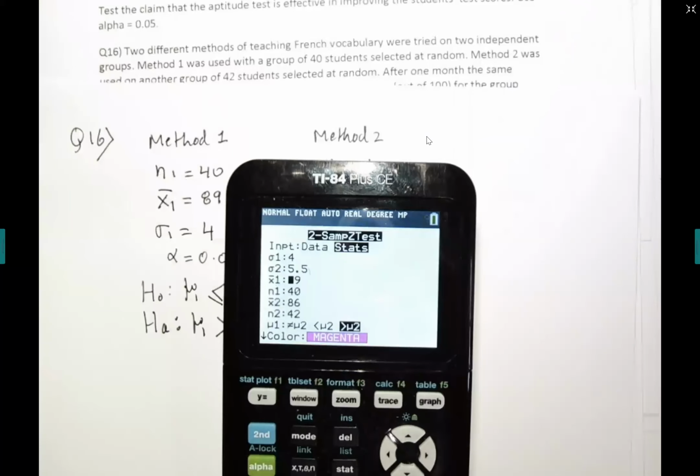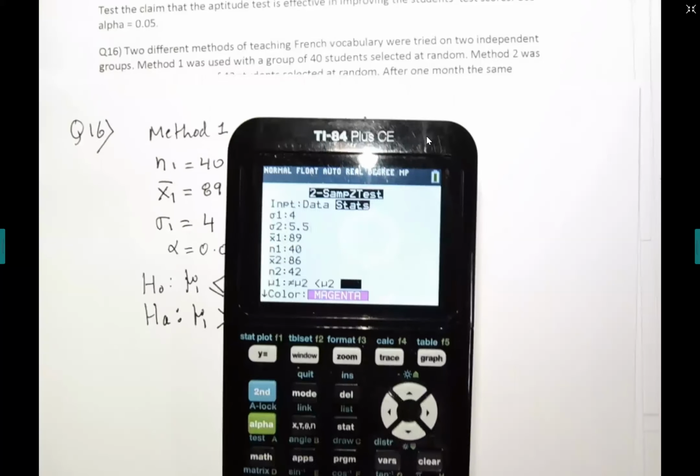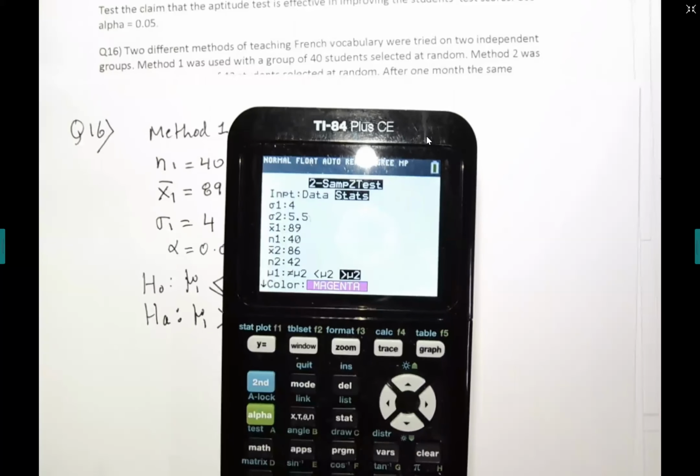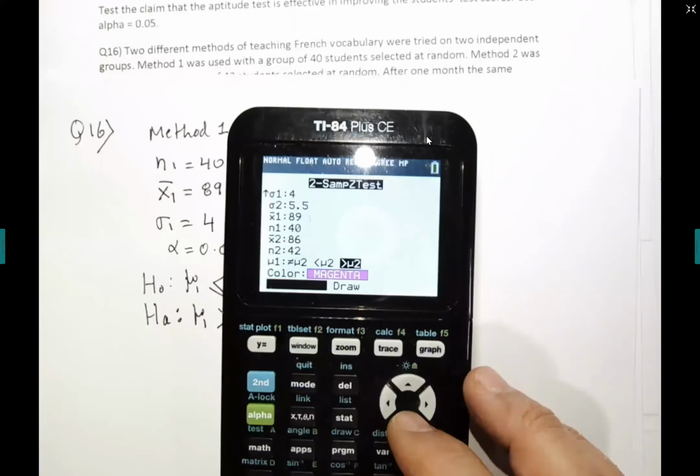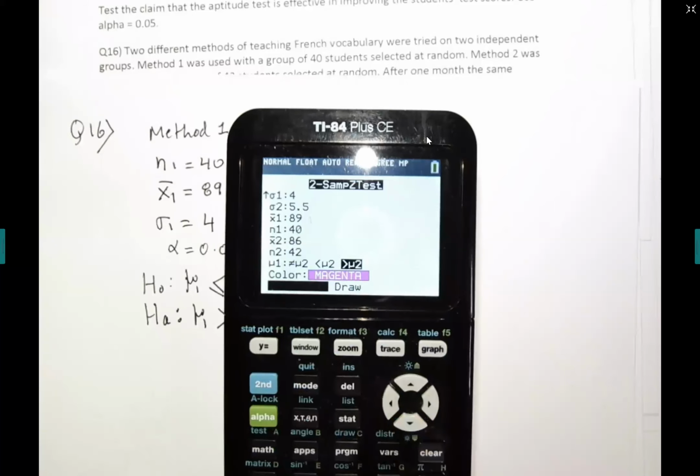X1 bar is 89. That's recorded. N1, X2, 42. And we need to check that mu1 is bigger than mu2. Now we got the right test. Again, I mistakenly put two sample T test. I meant two sample Z test. Okay, let's do, we don't care about color. If you don't have it, just calculate.